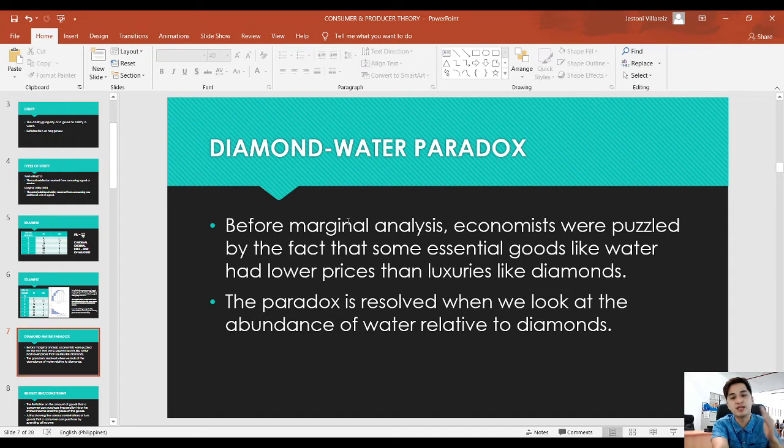Because if you keep choosing water along the way, if you consume more water, your satisfaction will decrease, because you can't keep consuming water, you will get full. So you have to choose diamond instead. Okay, so that's the diamond-water paradox using marginal utility analysis.